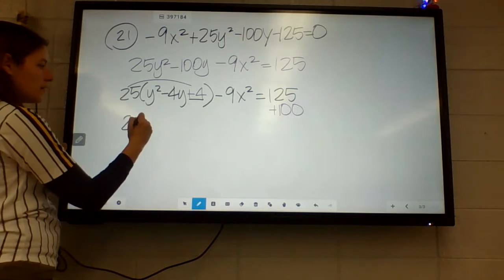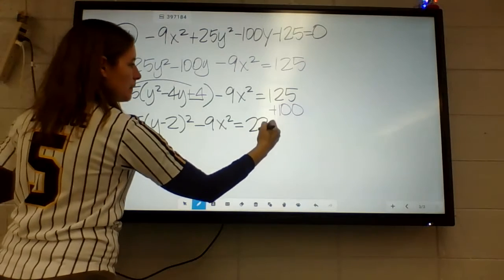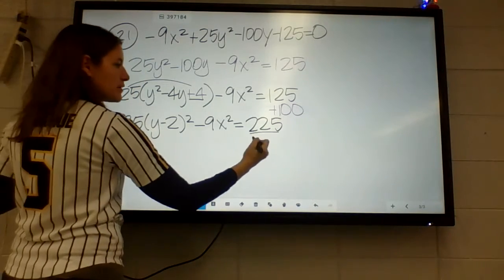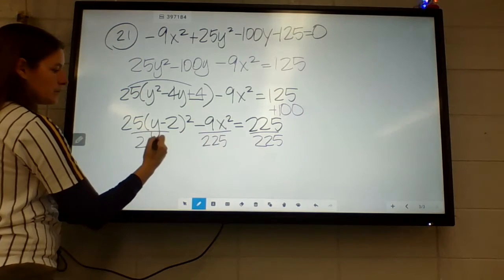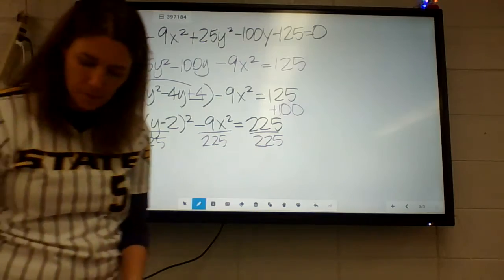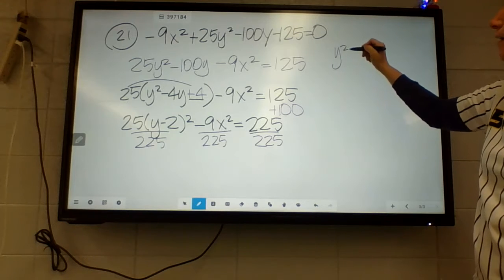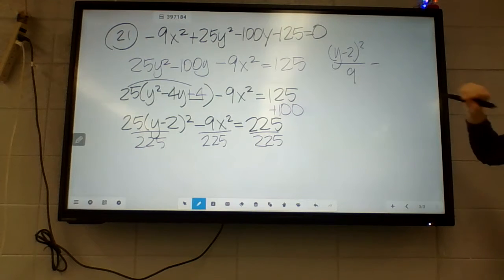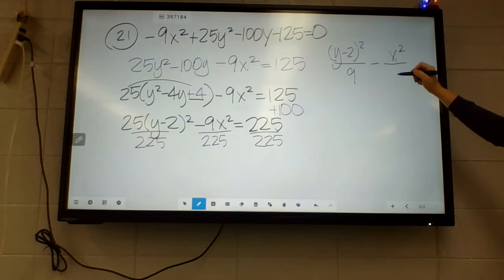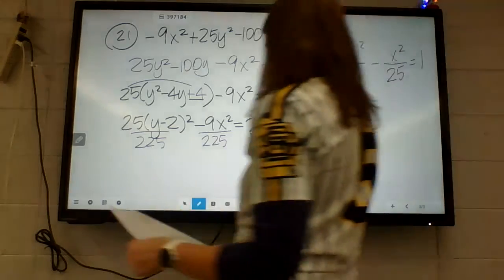So then I'll divide each side by 225. So it'll be y minus 2 squared, and this is over 9, and then x squared over 25. And then again, we're going to graph all that.